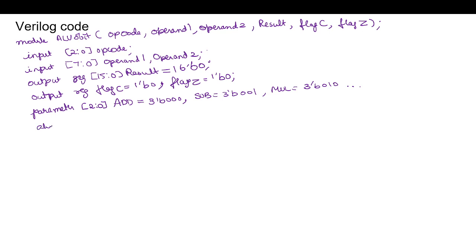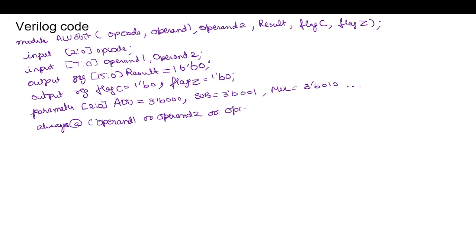Next, whenever the opcode changes or the two operands change, these are the only 3 inputs, so I can write star also, or opcode or operand 1 or operand 2.